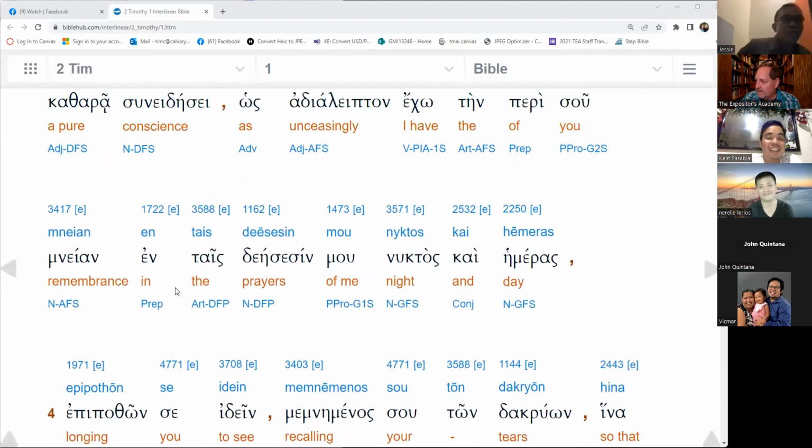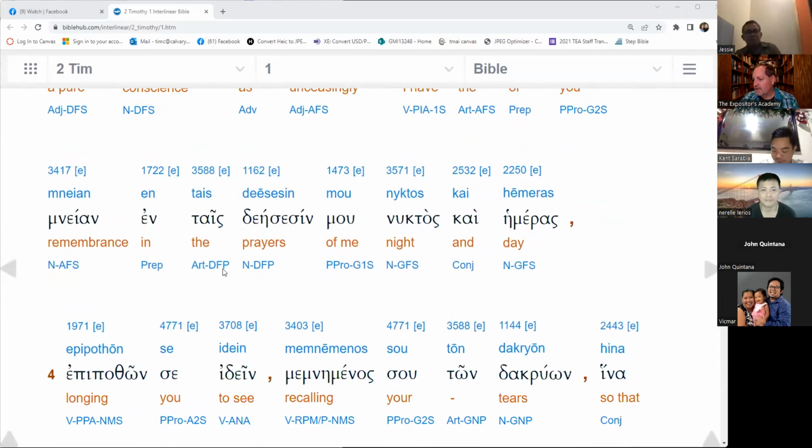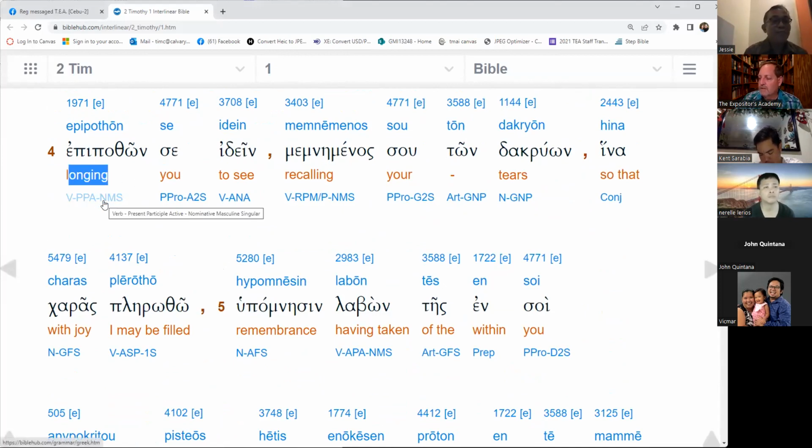So we already talked about verse 3. Then I said, look at verse 4. If you remember, it started with the part we thought was a participle, "longing." And so we want to look here in the interlinear and see, okay, it tells us this is a present participle, active. Can you guys see that?